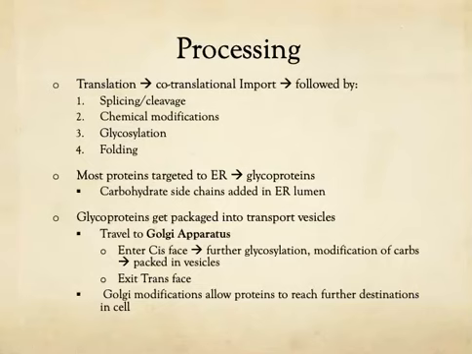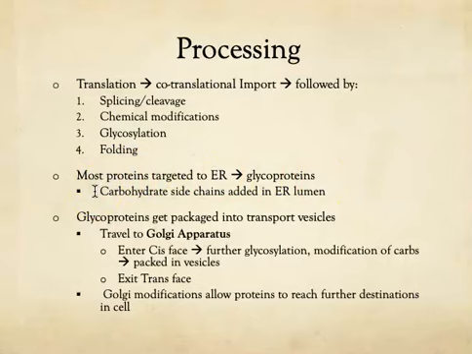It's interesting to note that most of the proteins targeted to the rough endoplasmic reticulum, proteins that are eventually going to reside in the rough endoplasmic reticulum, are often glycoproteins. So if a protein's ultimate destination is the rough endoplasmic reticulum, it's oftentimes a glycoprotein.